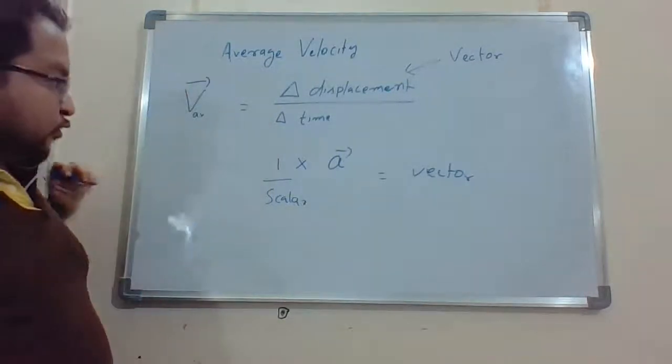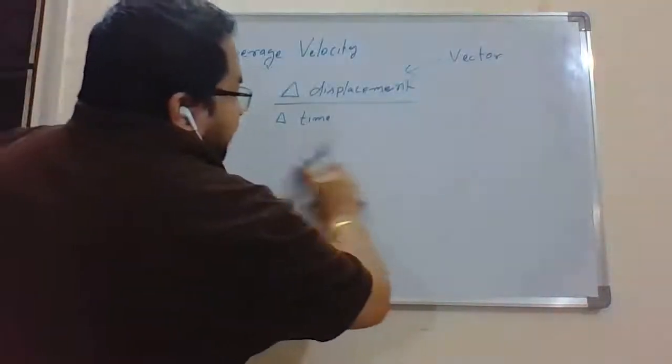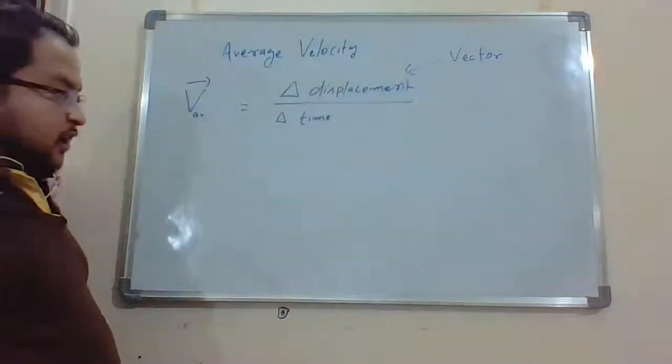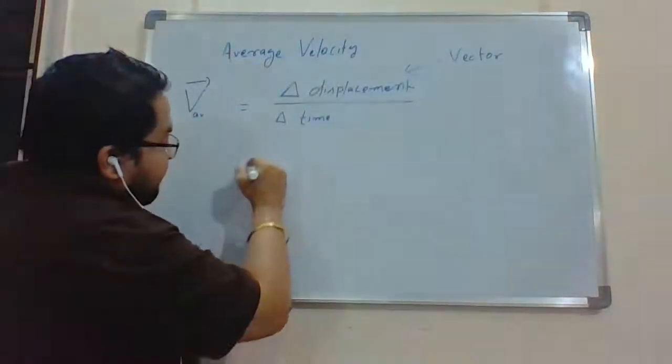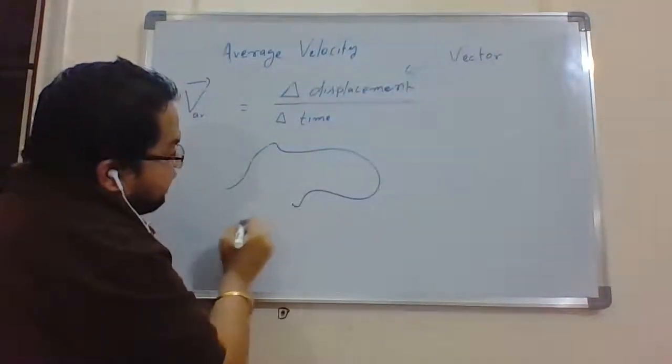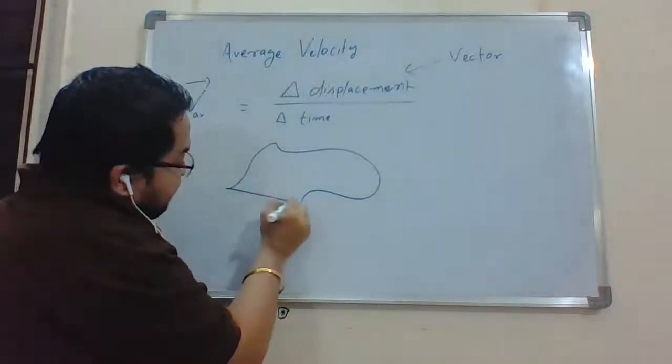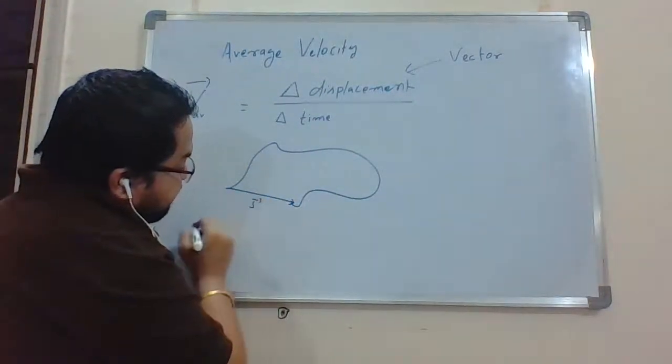And if you see in the first example that I told you, Ram is sitting, and the bird goes and comes back. Suppose this was your distance, then this would be your displacement vector.